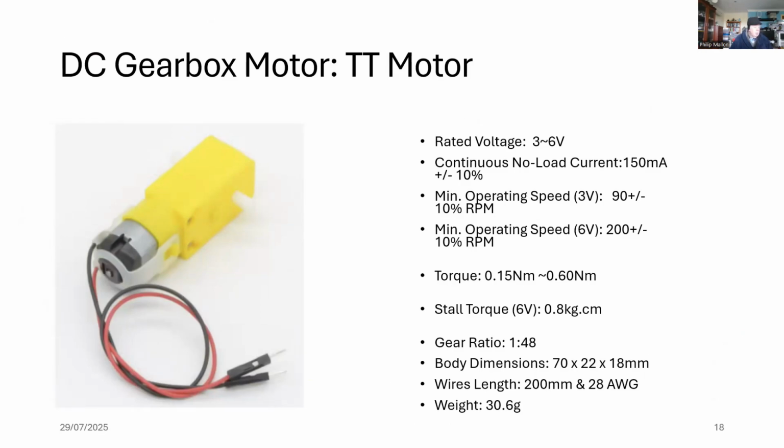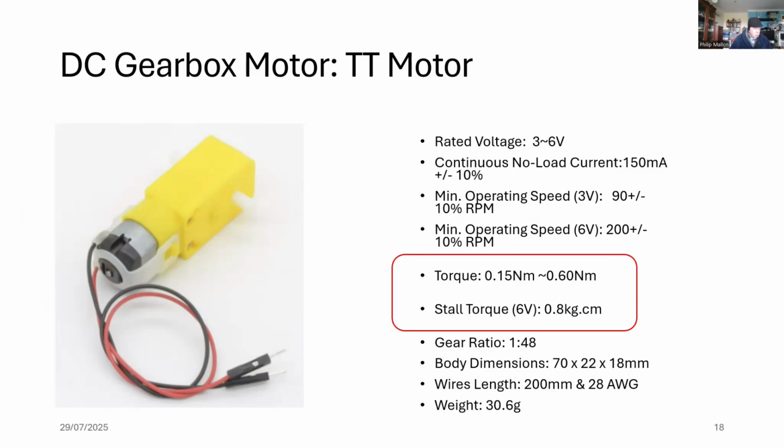Another very popular DC motor is the TT motor that has a gearbox. And you can get this with or without the encoder. And we're beginning to increase in our torque value here, 0.15 Newton meters. And often when you're quoted the value, it's the stalled torque.